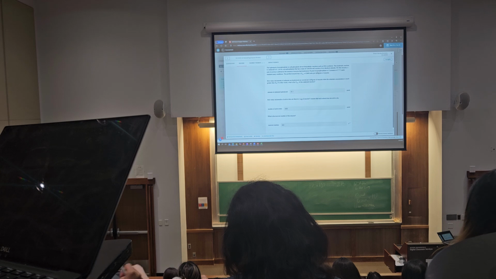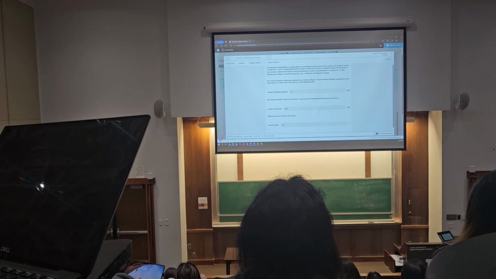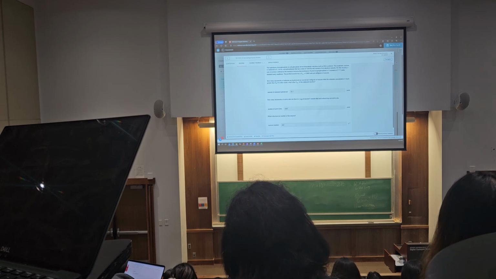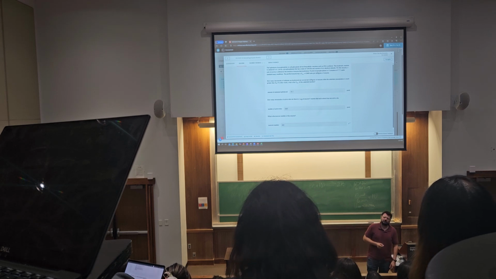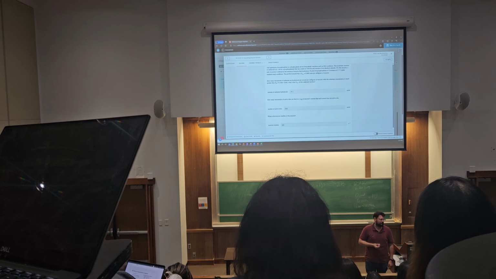Micromoles of substrate hydrolyzed per second per milligram of pyrophosphatase. So what type of problem is this? It's a very simple type of problem. It doesn't even have anything to do with biochemistry. It's just unit conversion.